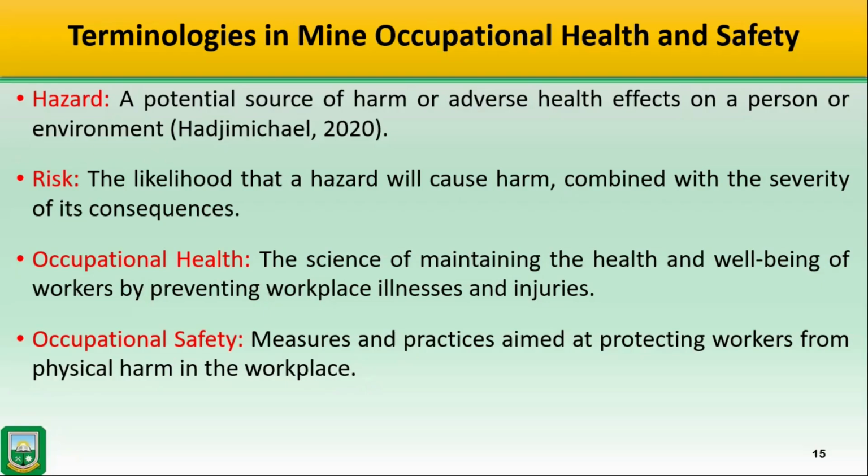The goals of occupational safety are to reduce the incidence of accidents and injuries, to ensure compliance with safety regulations and standards, and to foster a safety culture where workers prioritize safe behaviors.